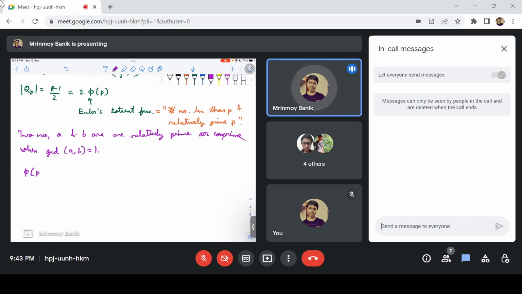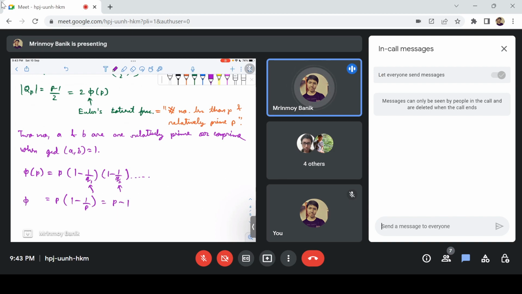So this phi p can be computed easily as p times 1 minus 1 by q1 times 1 minus 1 by q2 times dot dot dot, where q1, q2 are all the distinct prime factors of p. Here, of course, p is a prime number itself, so it only has one prime factor, the number itself. So we have p times 1 minus 1 by p, that's p minus 1.